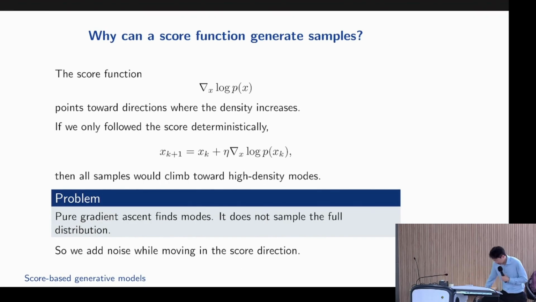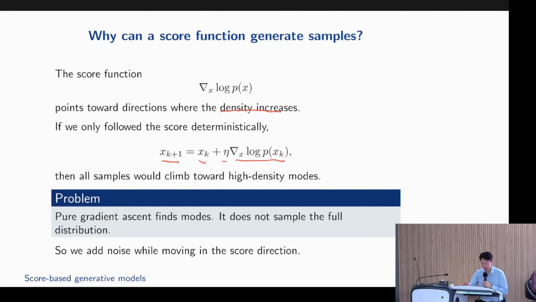Okay, how do we use it to generate samples from the distribution P of x? Okay, so score function points towards direction where density increases. And if we, for example, naively just follow the score deterministically, what will happen? So we start from some random location. This is step size, this is gradient direction, and that's the next iterate. And we're going to do climbing towards high density modes, right?